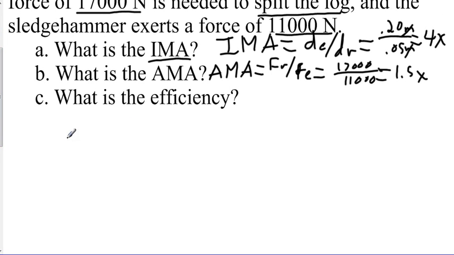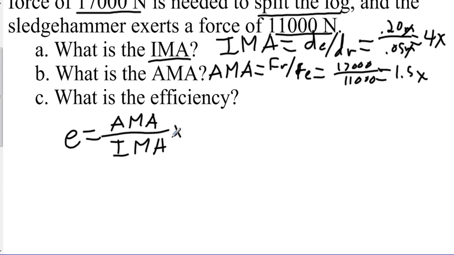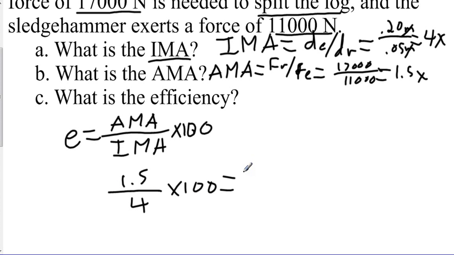So in this case, our efficiency is equal to the actual mechanical advantage divided by the ideal mechanical advantage times 100. And so when we start plugging this in, our AMA is 1.5 divided by 4 times 100. And this should give you 38%. And that's it. We're done.